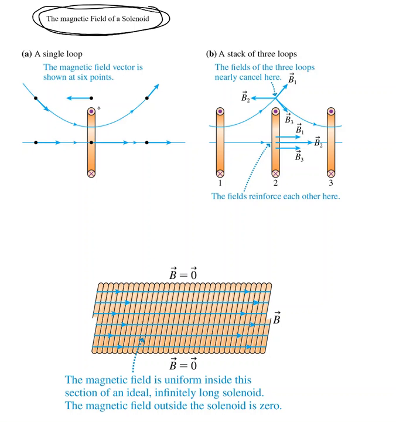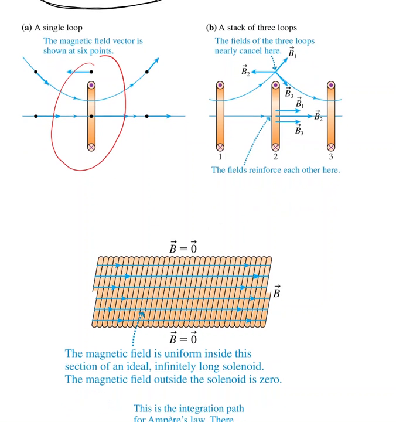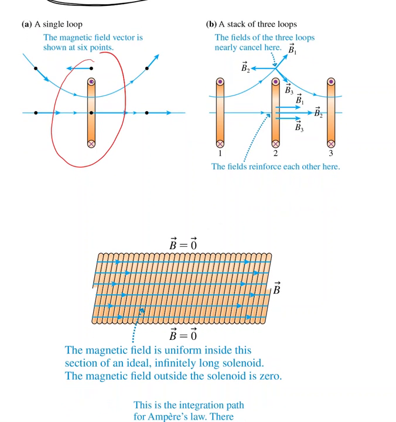So here, assume that this is a loop. It's a loop of conductor. Here the dot indicates that current is coming towards you, and the cross indicates that current is entering into the loop.